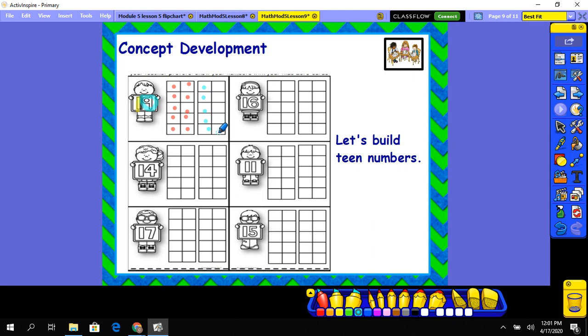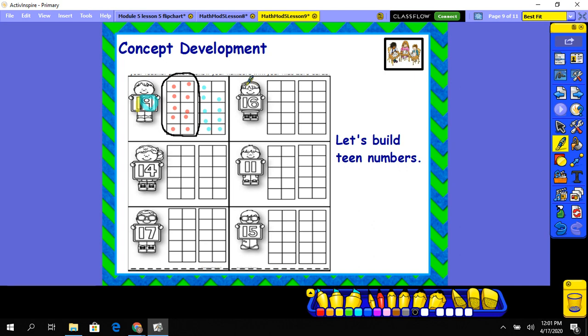Stop, return, sweep. 6, 7, 8, 9. All of my dots put together are 10, 9, or 19 dots. Remember, we always have to have a group of 10 with our teenage numbers. Look at the next one. What is this teenage number?